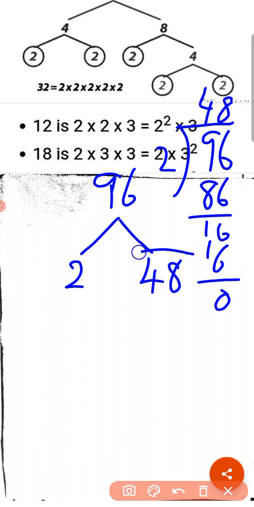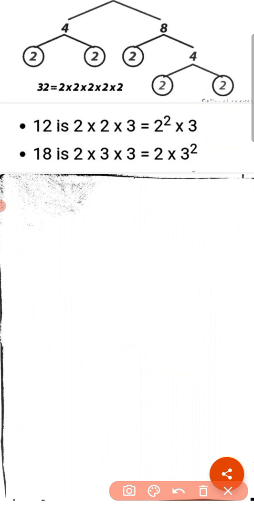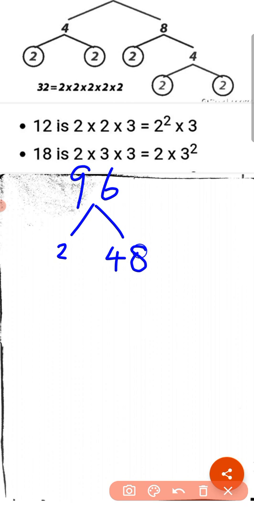That quotient is what we write here. Now we can continue this division. 96 can be split into 2 and 48. Then 2 is a prime number.